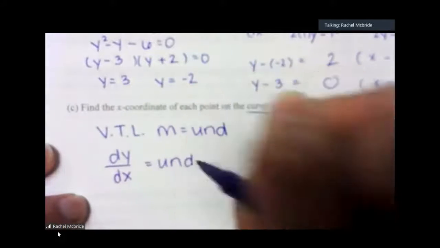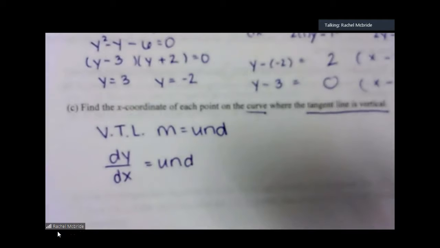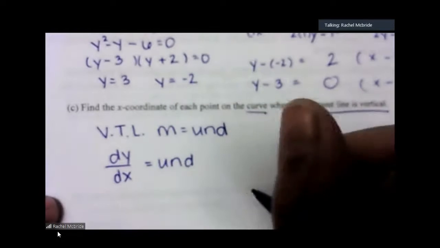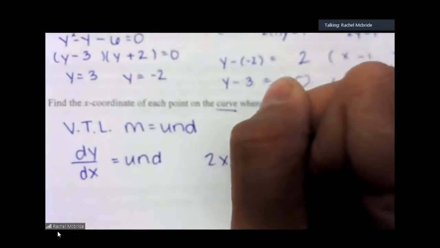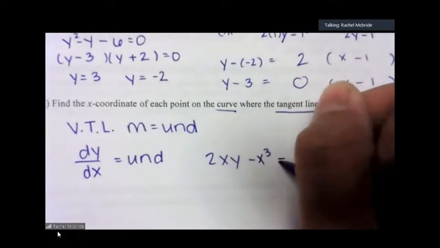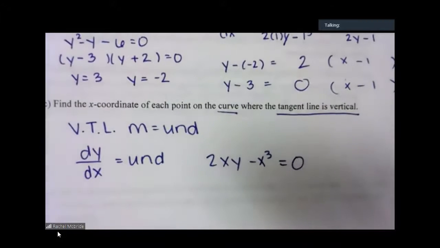A vertical tangent line has a slope undefined. So in this case, I want to know when dy dx would be undefined and when is a slope undefined. What has to occur? Good. So I need the denominator, which is 2xy minus x cubed, to equal 0.